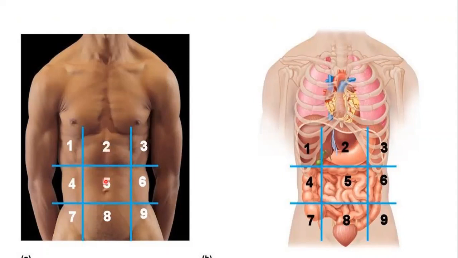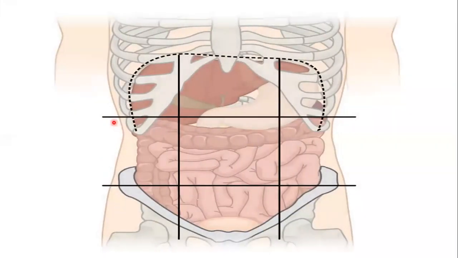So the midpoint between the xiphoid process and the umbilicus is the transpyloric plane. So you can define the transpyloric plane in two ways, right? This was regarding the first location where you can draw the superior horizontal line, right?